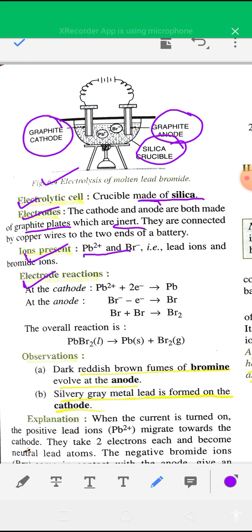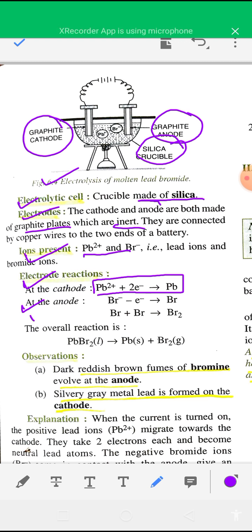And the electrolytic reaction at cathode: cation migrates towards cathode, so Pb2+ ion migrates towards cathode, accepts 2 electrons, and is reduced to Pb metal, lead metal.